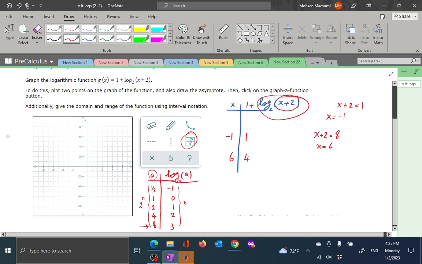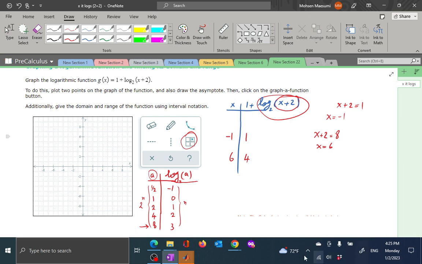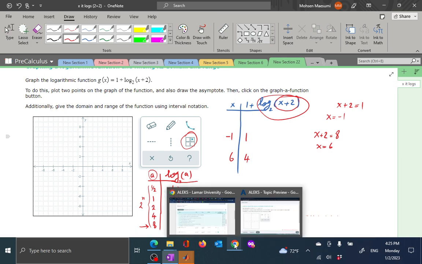So we are going to use some friendly numbers. Friendly means when you add 2 to it, finding the logarithm of it in base 2 wouldn't require a calculator, and then you are all set. So we have two points: -1 and 1, and 6 and 4.